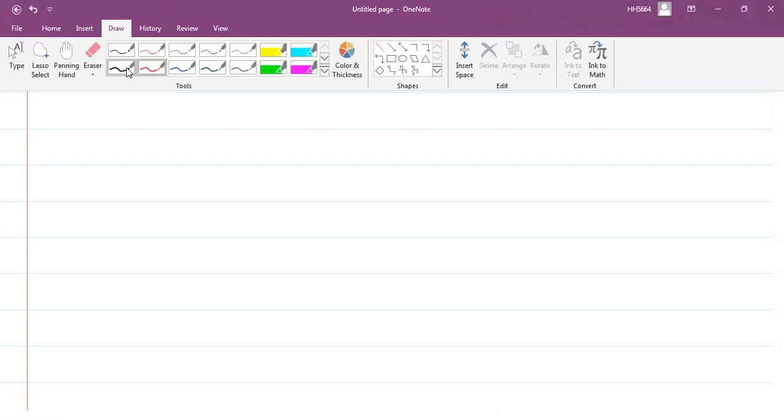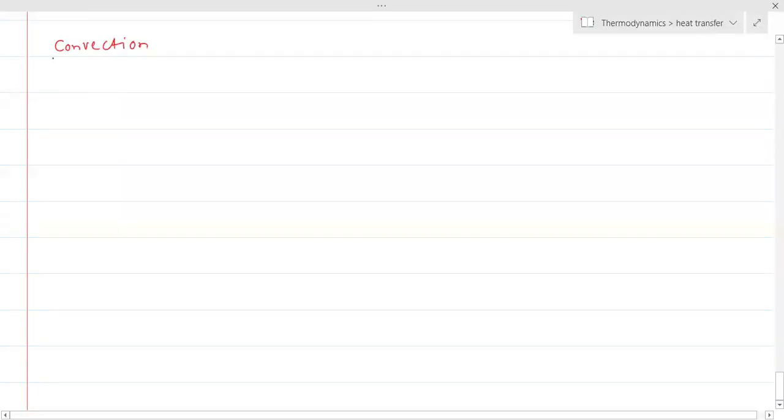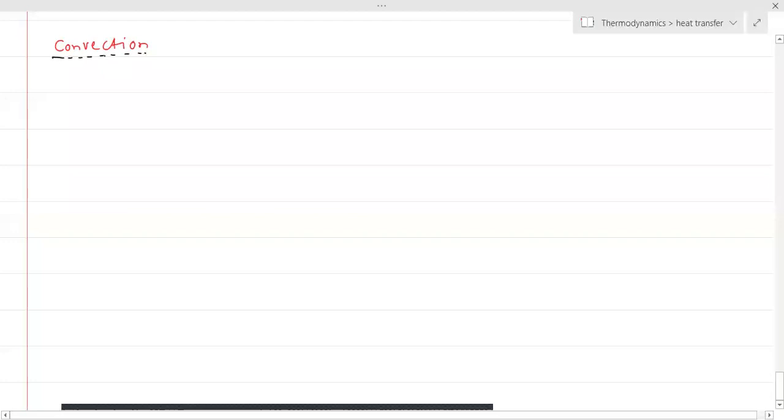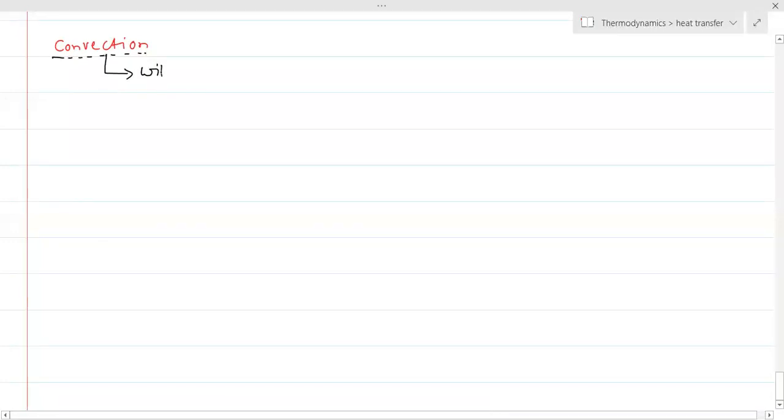Convection means this is a kind of heat transfer with the actual displacement of molecules.